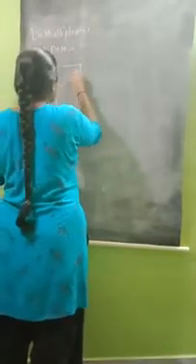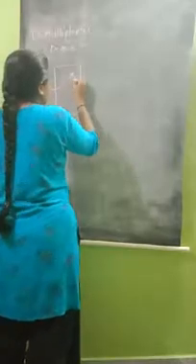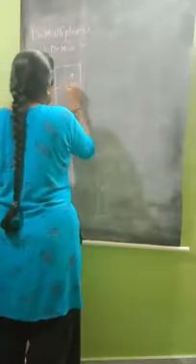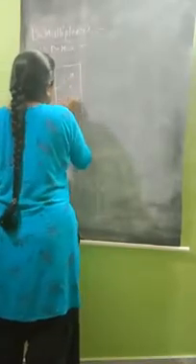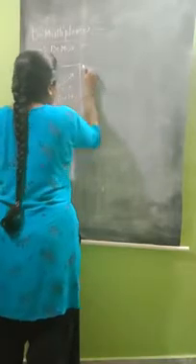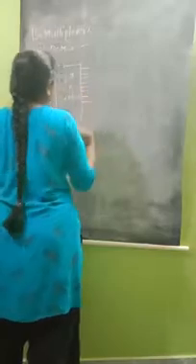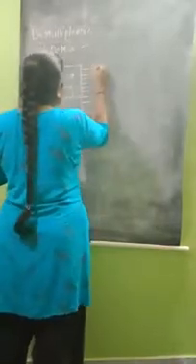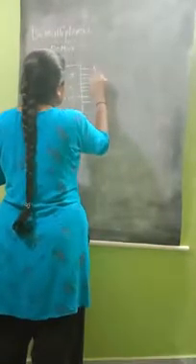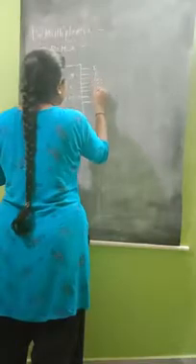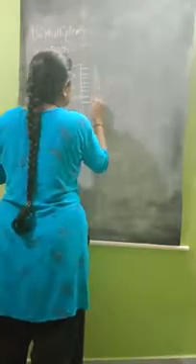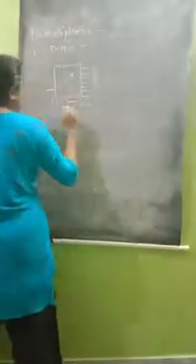Here this is the data selector, and here 1:8 demux. And here 1, 2, 3, 4, 5, 6, 7, 8. These are Y0, Y1, Y2, Y3, Y4, Y5, Y6 and Y7. So these are the output lines.